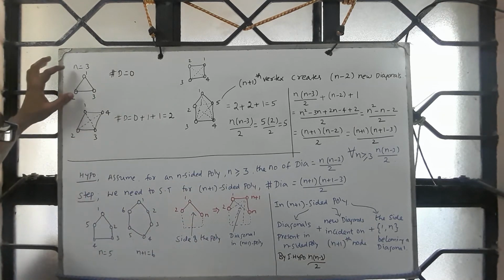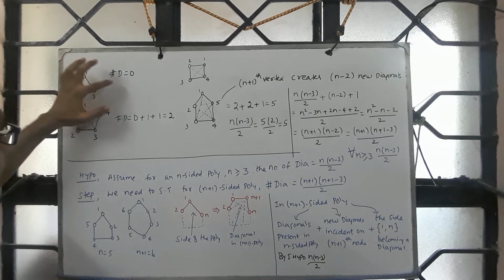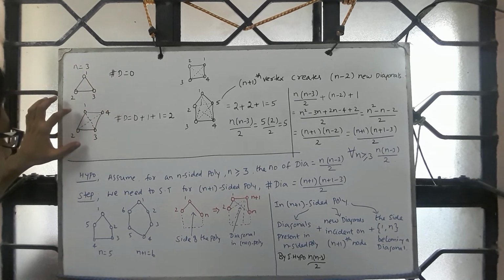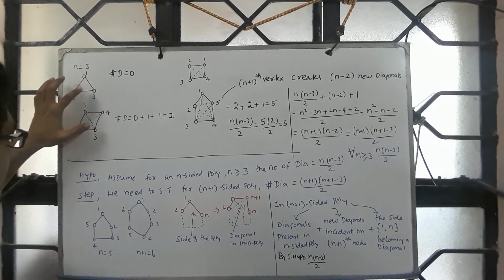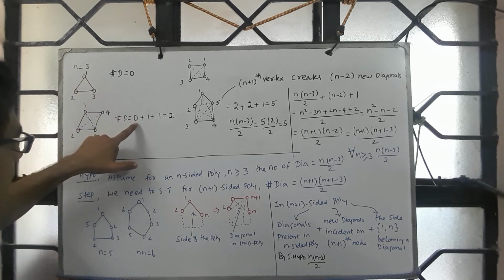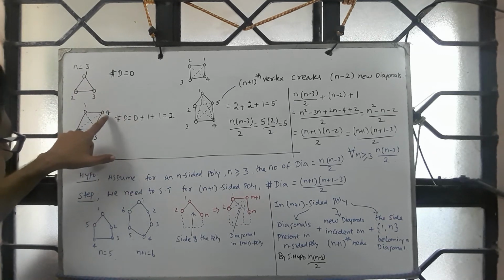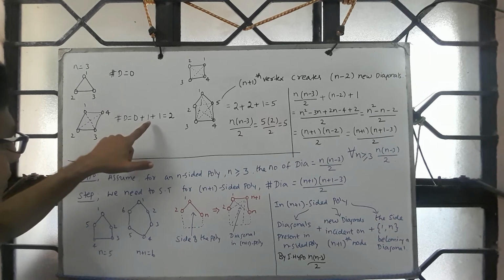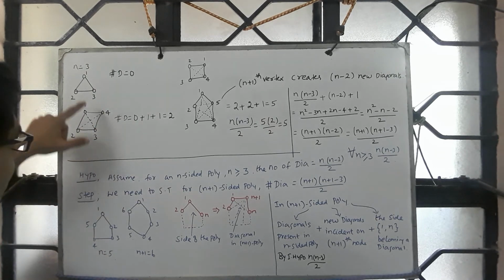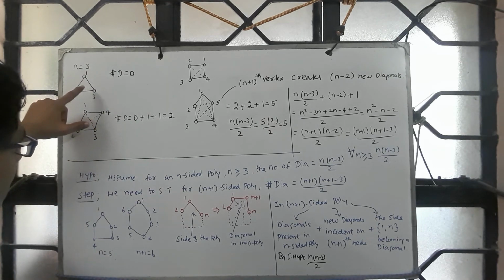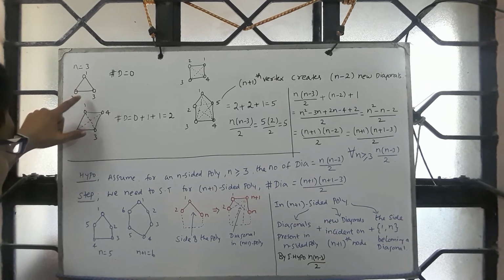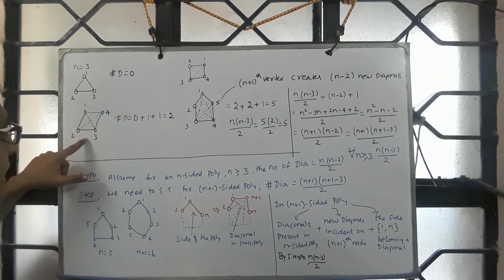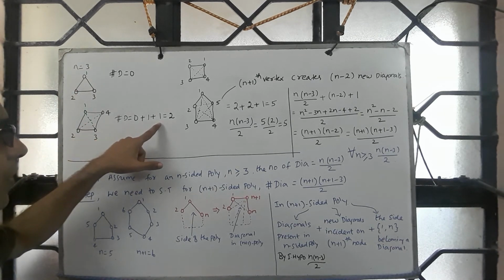For example, you take 3, the number of diagonals is 0. When you go to 4, the contribution from this is 0, plus this new vertex is creating 1, and the side of the polygon 1, 3, over here it is a side, when it comes here it becomes a diagonal. So that is another one.